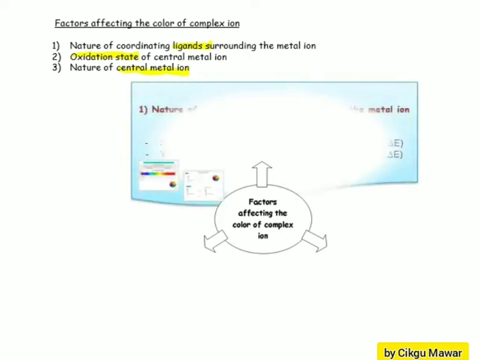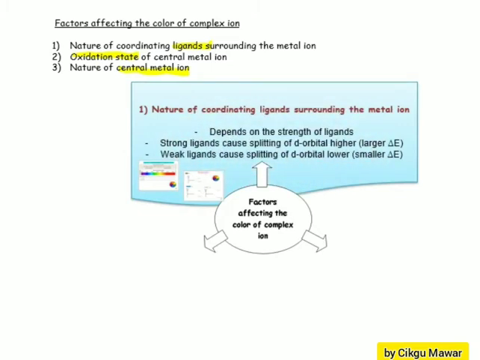For the first one, the nature of the coordinating ligand surrounding the metal ion, the formation of a complex ion depends on the strength of the ligand. There are two types of ligand: a strong ligand and a weak ligand.